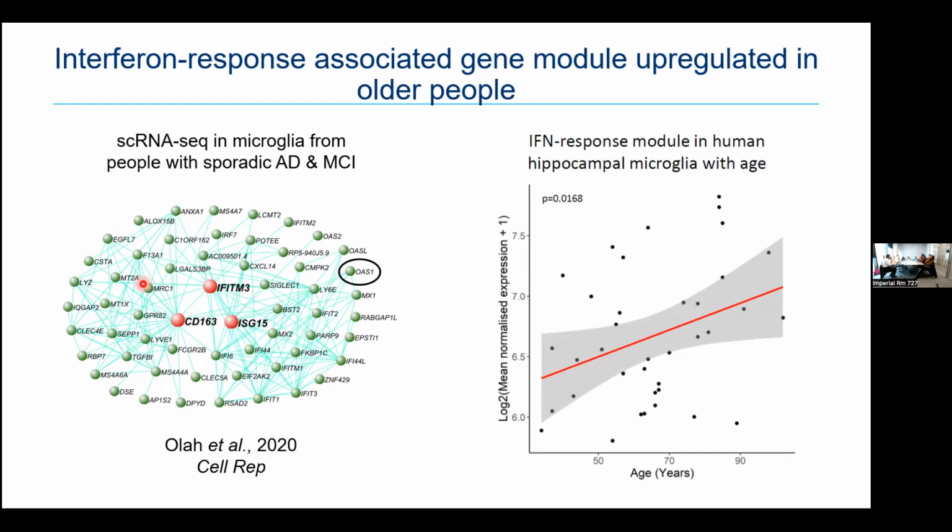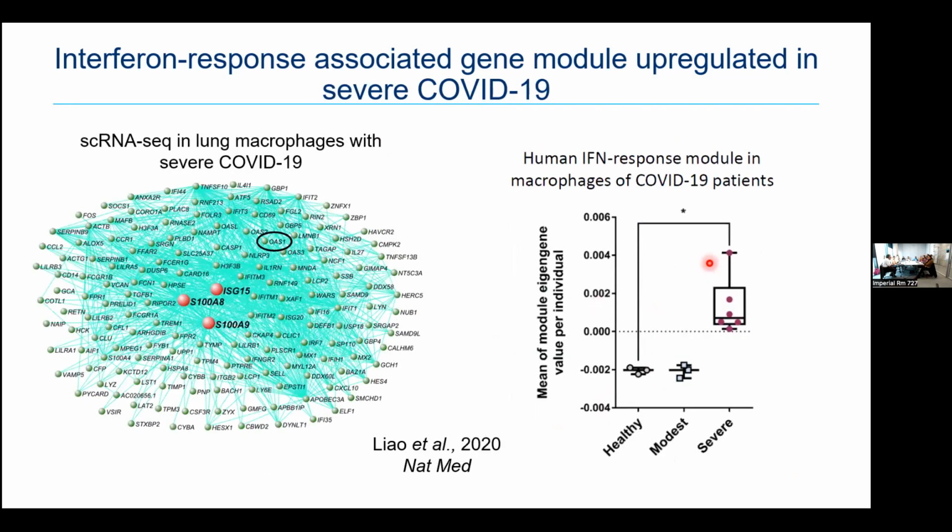And we saw in that data that this collection of genes showed age dependency as well. So these genes are showing increased expression with age. I think this speaks to increased incidence of Alzheimer's with aging, but also increased risk maybe of severe COVID in the older population. At least it's giving us hints, so more work to be done there.